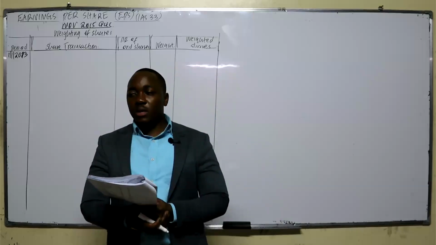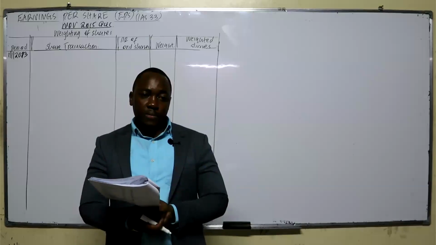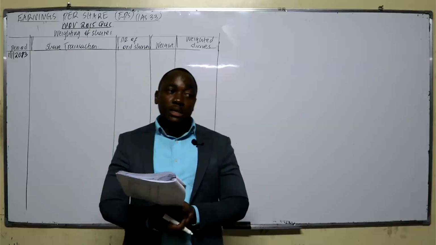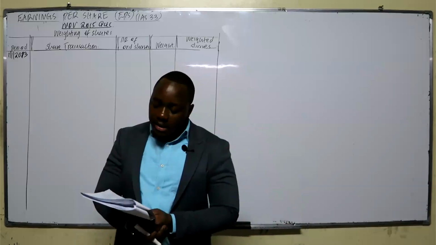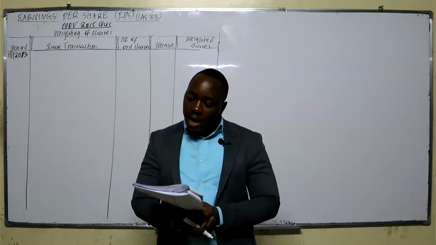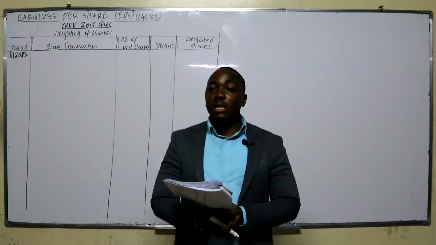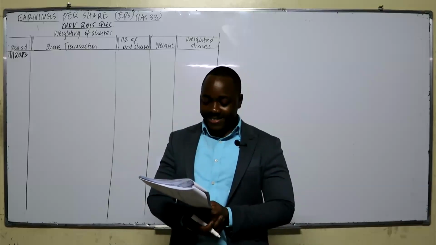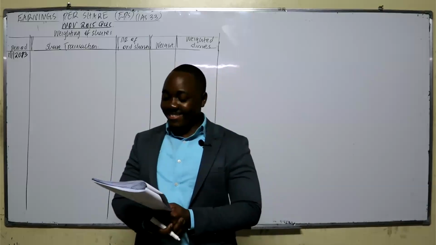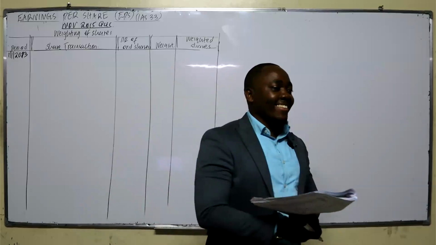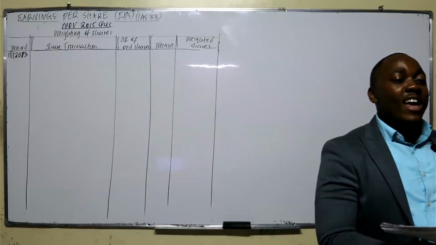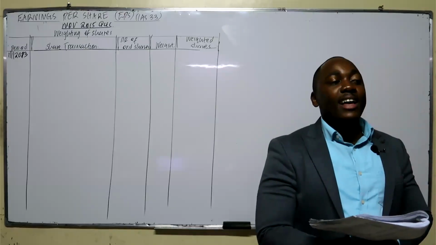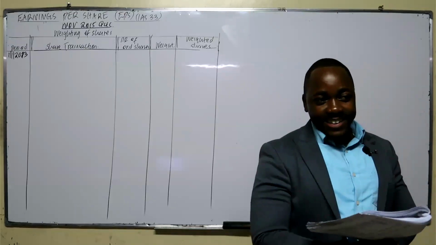How many shares have we issued at the beginning of the year? 160. But of the 160, only 100 are fully paid, the balance being 80% paid.